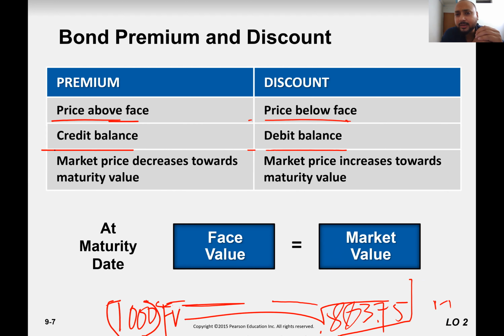So you guys understand the concept of premium and discount? So remember, at the expiration, the price of the discounted bond is going to increase to 1,000. Right? Does everybody understand that?